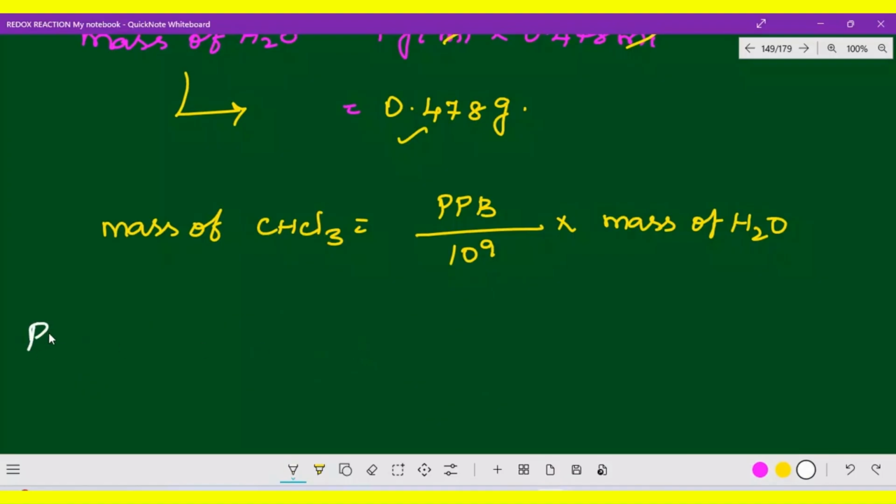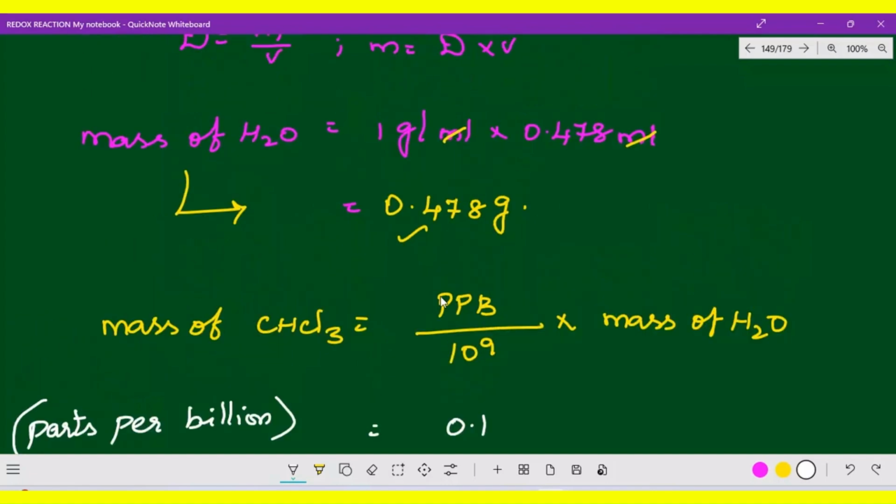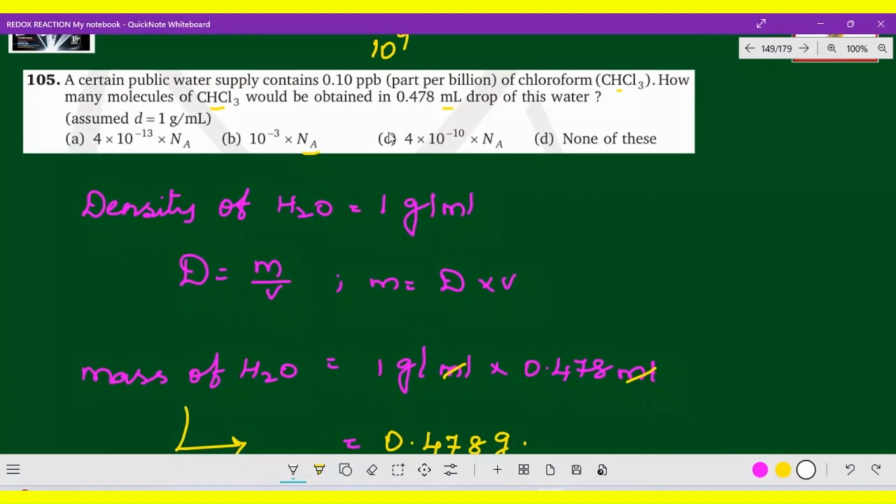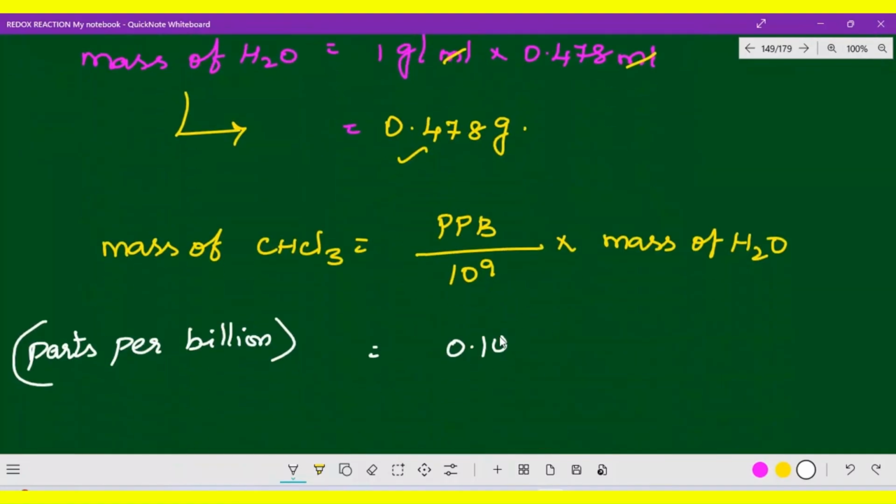So parts per billion, because wordings will always help you to identify and understand it, right? In the question they mentioned 0.1 ppb. So 0.1 divided by 10 to the power of 9 into mass of water, which is 0.478 gram.